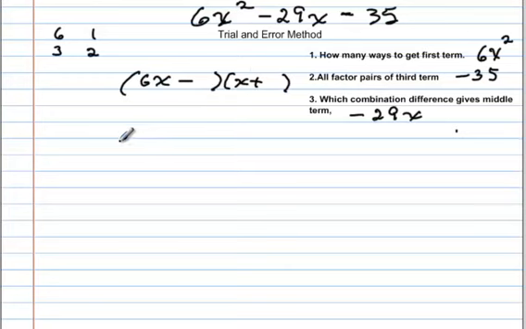We have to also consider a 6x plus and an x minus combination, both of which yield the first term of 6x squared. So, here we go. What are the other combinations?